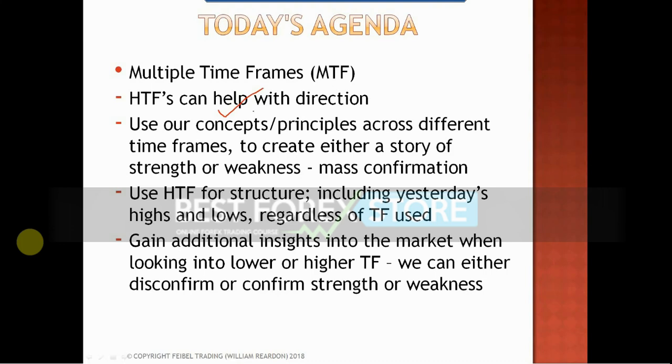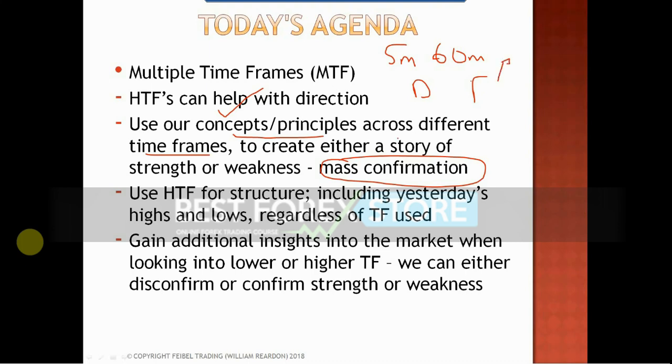And we can also use our concepts and principles across different time frames to create either a story of strength or weakness. So we're getting mass confirmation, which of course, if we're confirming strength on a 5-minute time frame, and we're confirming strength on a 60-minute time frame, and on our daily time frame, we've just sprung, we've just closed via a spring, odds favour higher prices.